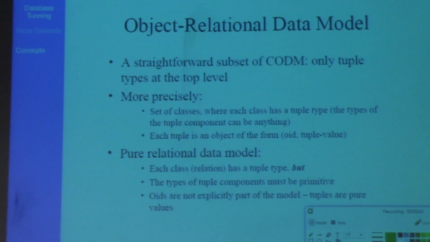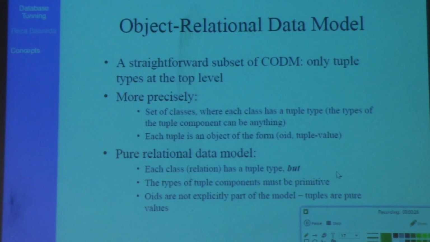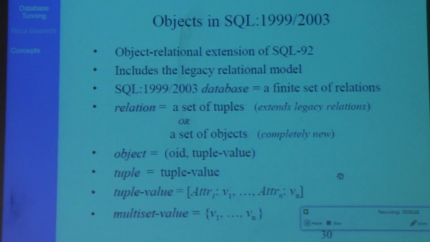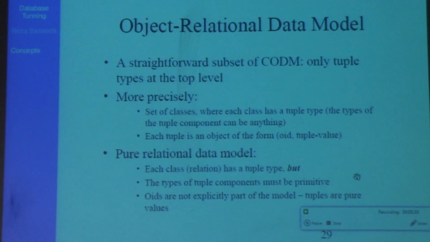So what is the difference between the object relational and the pure relational data model, based on what I defined? In the relational model we have only primitive types. In the object relational model we can have any type in the tuples.